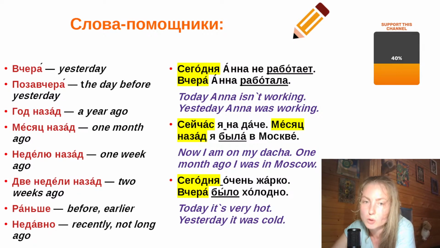Вчера было холодно. То есть yesterday was cold, like in English. So we don't have a subject it in the sentence, but we use the verb in the form of it. That's why here we have such an interesting form. Вчера было холодно. I hope that it's clear.